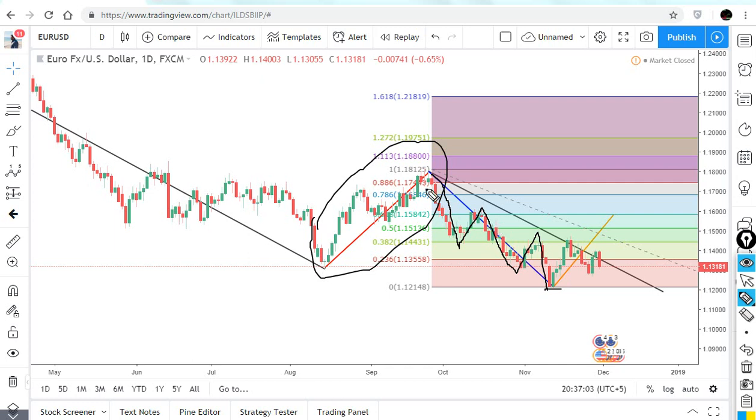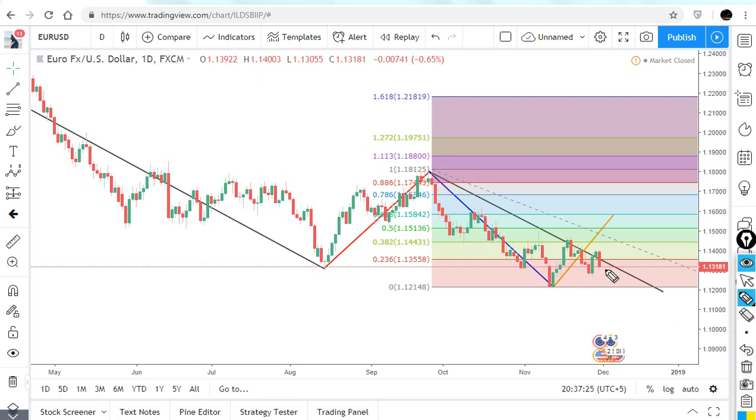True? Because this is your correction part. Maybe 2, maybe 4, right? Or maybe B. We can also say it B, because if this is A and this is B, so it will be C. So right now I'm in an impulsive wave.